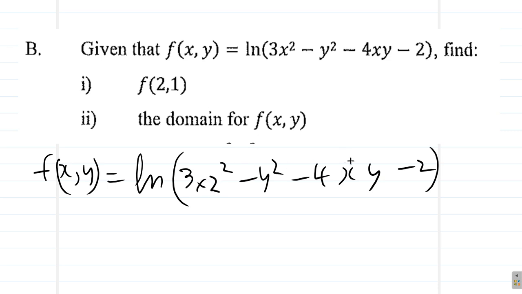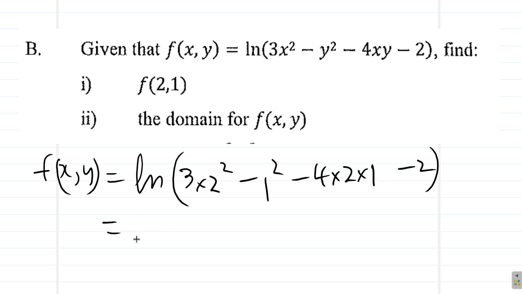So it's 3 times 2 squared here. This is going to be 4 by 2. And then y will be replaced by 1. So this is 1 squared. This part is going to be, instead of 2 times y, now we have 2 times 1. Okay, good.